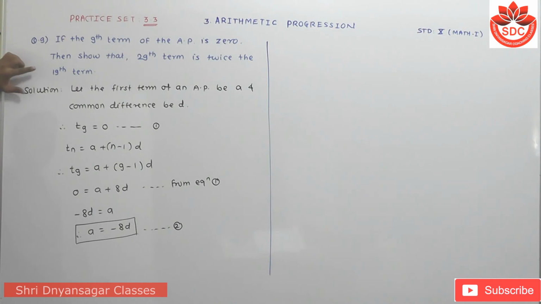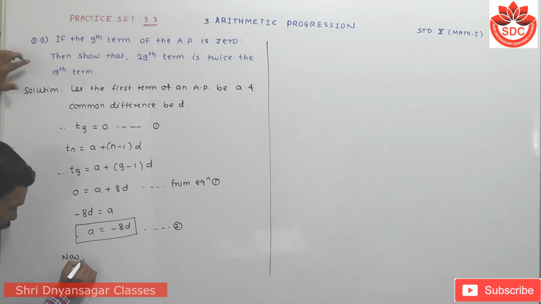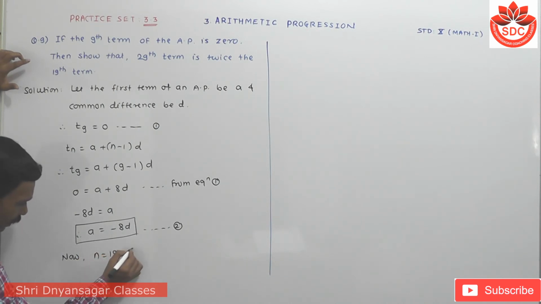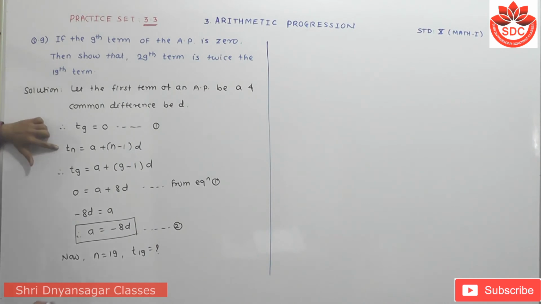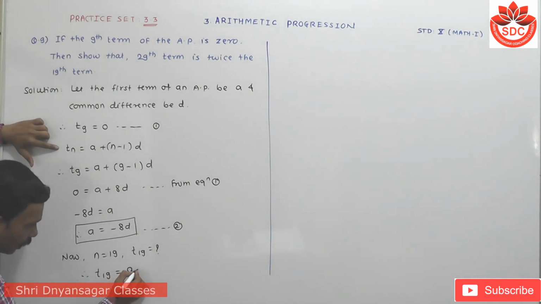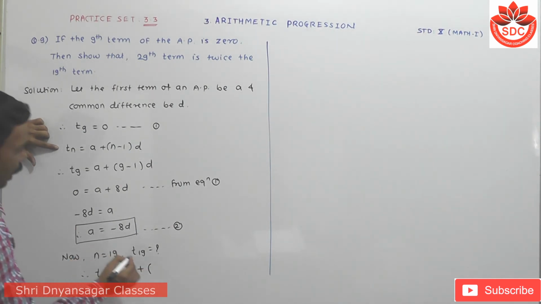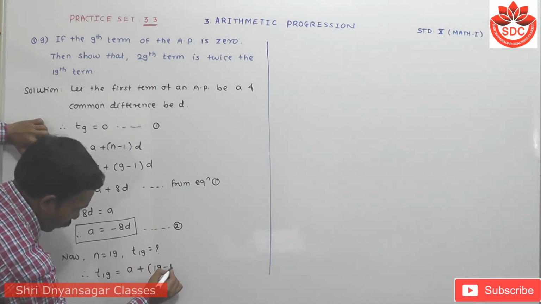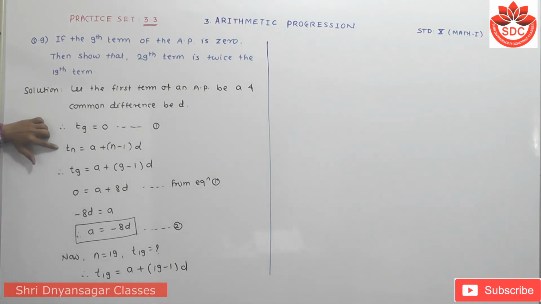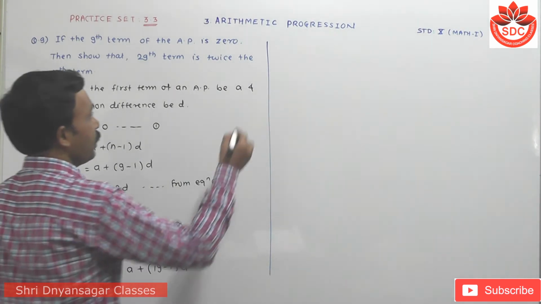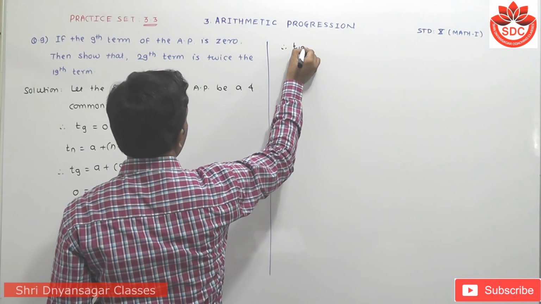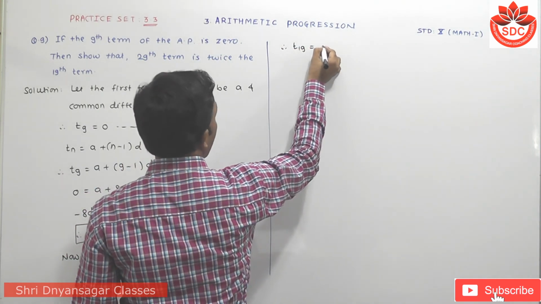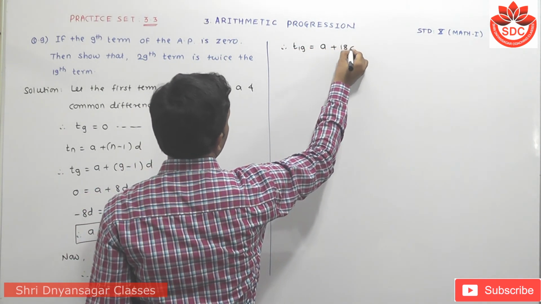Now student, then I have to find out the T19 term. Now N is equal to 19, then T19 is equal to question mark. The formula says that T19 is equal to A plus 19 minus 1 into D. The subtraction gives T19 is equal to A plus 18D.